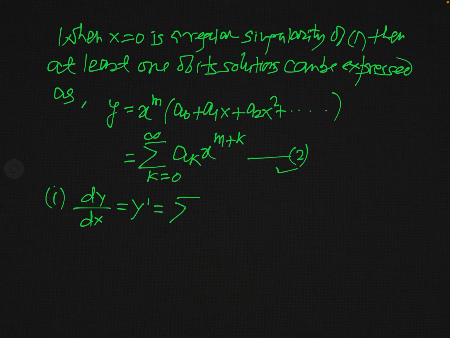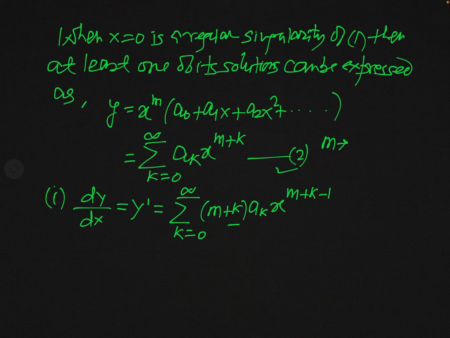So y prime, you can see this will be summation over k m plus k a k x to the power m plus k minus 1, you can see. And since here this k is 0, this term does not vanish, so the limits for summation will run from 0 to infinity.